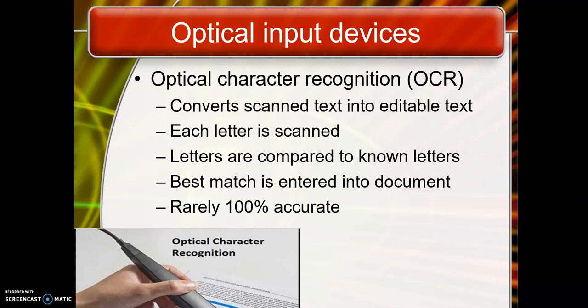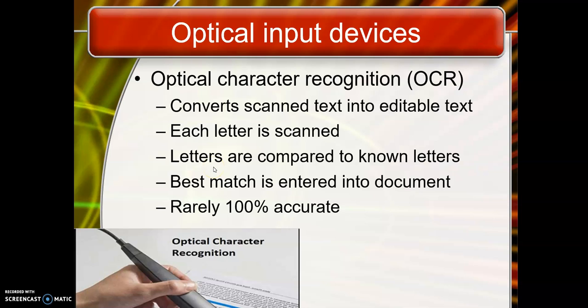Another technology, another input device which helps humans, is optical character recognition, also referred to as OCR. It converts scanned text into editable text. For example, we have an image where some characters are available. When we apply OCR, it converts that image-based text into editable characters or ASCII-based characters, and each letter is scanned.